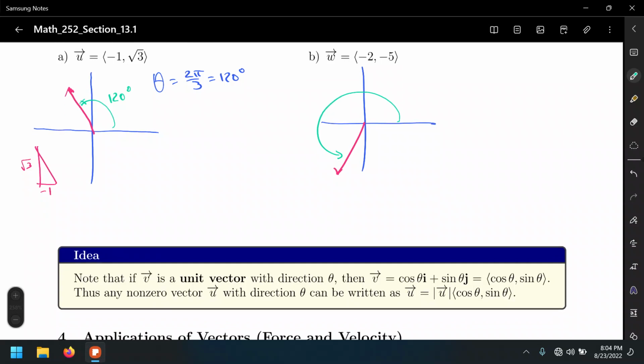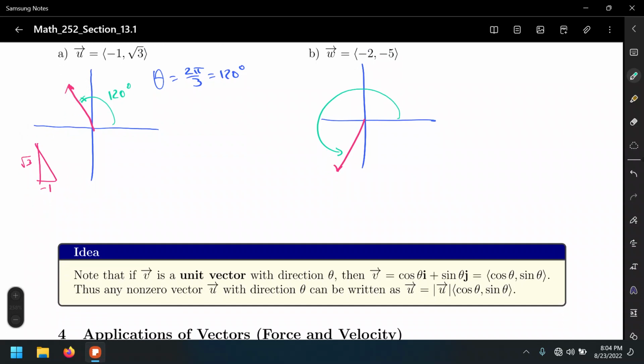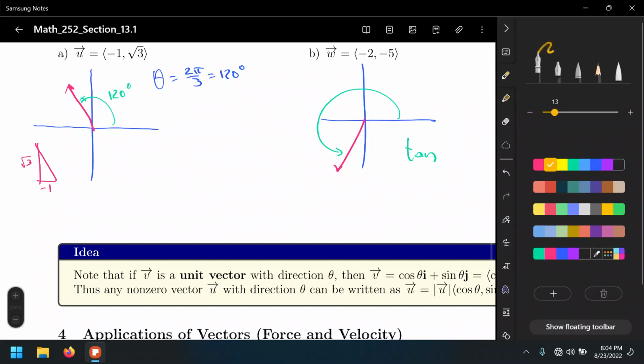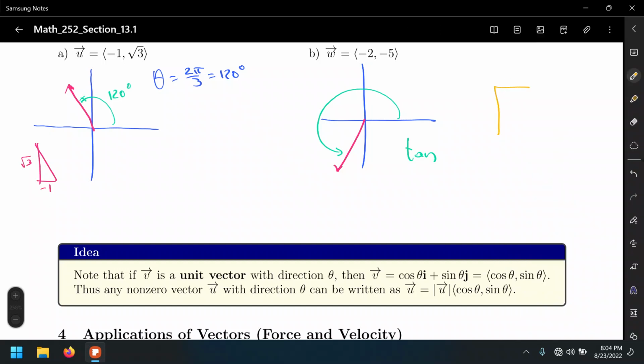So in this case, let's just use the tangent function. Actually, to make this simpler, let me get this triangle in terms of positive values, 5 and 2.